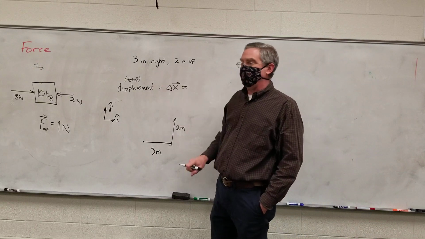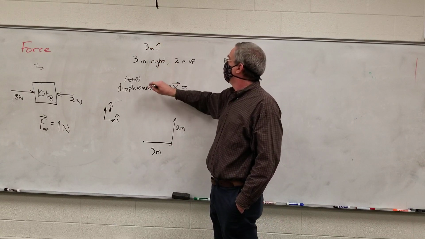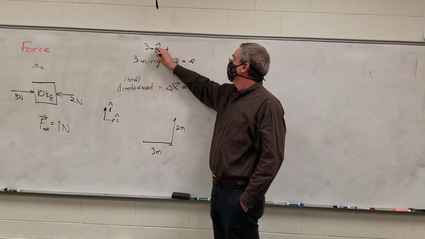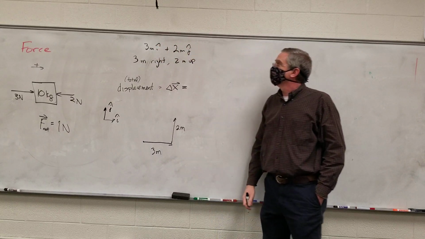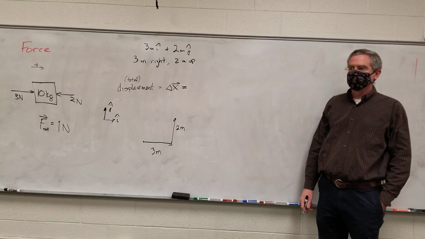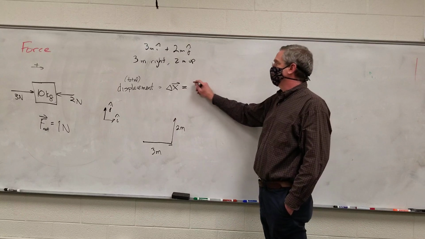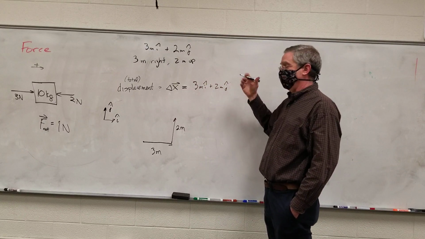And so instead of saying right, I'm going to use i hat. So this is 3 meters i hat plus, because I'm adding them, 2 meters j hat. And so my answer is 3 meters i hat plus 2 meters j hat. Done.